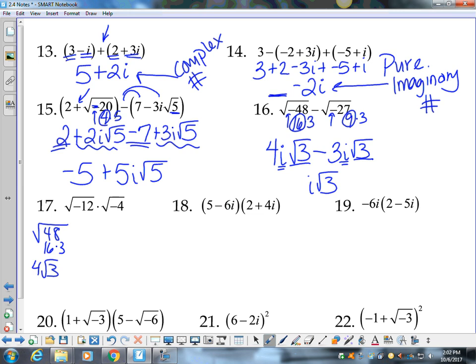So we have to fix that part first. So I'm going to pop an i out. Now you can pop squares out of here if you want to. That's 4 times 3. I'll show you both ways. So that would be 2i root 3. And I'm multiplying this by 2i, because the square root of 4 is a perfect square, and you pop the i out.